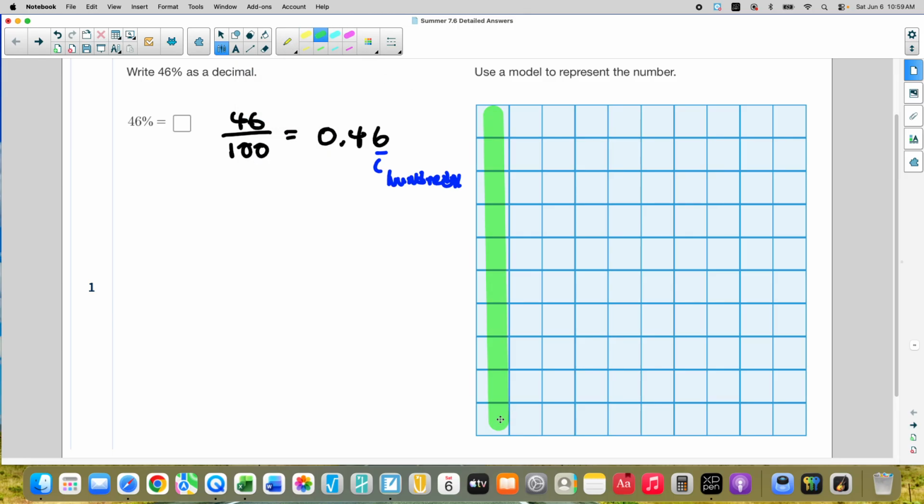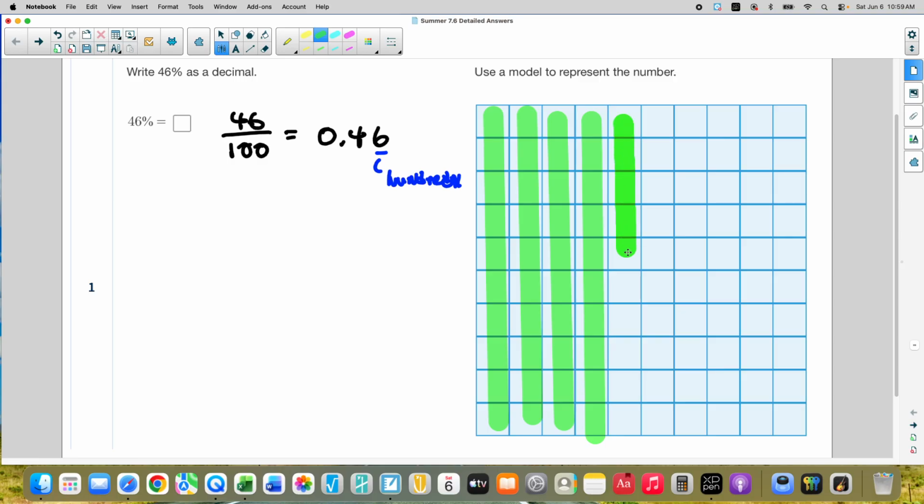So that would be 10 boxes, 20 boxes, 30 boxes, 40 boxes, 1, 2, 3, 4, 5, 6. So that would represent 46 hundredths. Okay, so this is as a fraction, not reduced. We could also reduce this. This is it as a decimal.